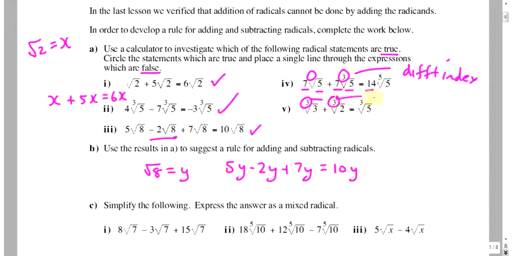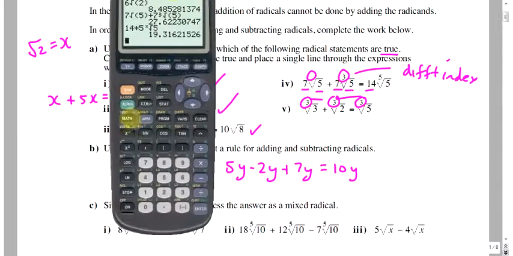Is this the same index? Yeah, they're all cubed roots. Do we think we can add these? All right, let's have a look. I'm going to go cubed root of 3 plus cubed root of 2, and that is 2.7.